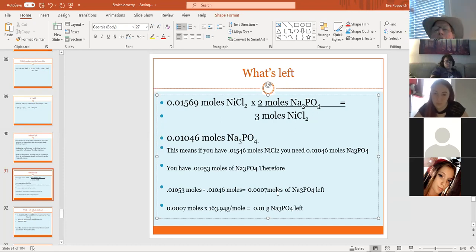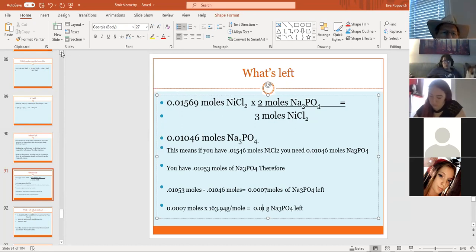Strategy-wise, let's go back and analyze how we did this particular problem. Originally, we determined that nickel chloride was our limiting reagent. So that meant that some of our sodium phosphate was left over.